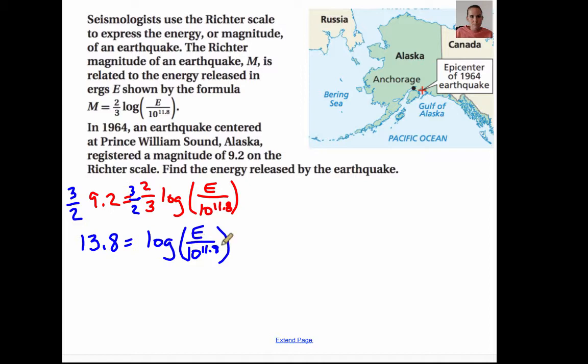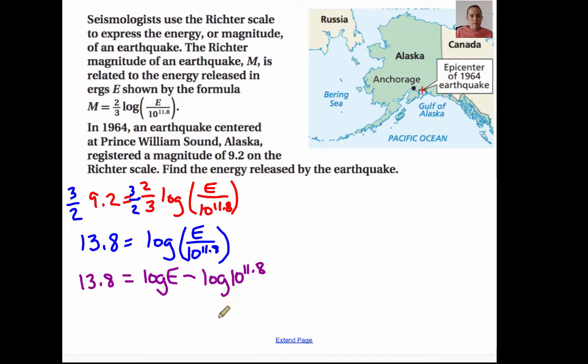Because it's division here, I think back to those properties and I say, I can separate those. If division, I can separate them using subtraction. So I'm going to say log of E minus log of 10 to the 11.8 power equals 13.8.